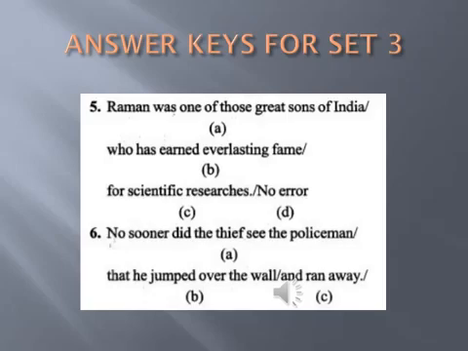Whenever we are using no sooner, we have to use than. No sooner than. No sooner did, it's correct. The thief see, that's correct. So here than should be there in the case of B. No sooner did the thief see the policeman than he jumped over the wall and ran away.